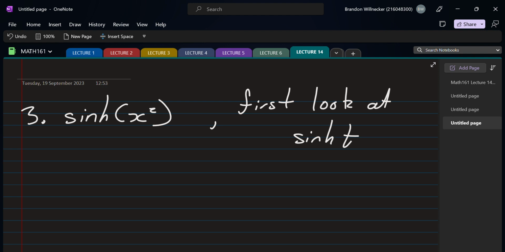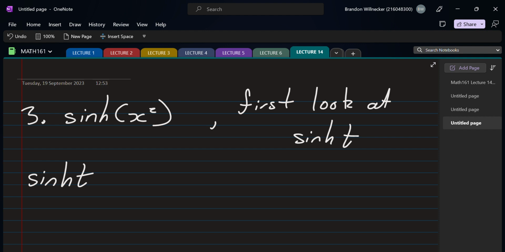We find the Taylor series for sine hyperbolic t, and then right at the end we can substitute t equals x squared. So you don't have to do everything at once, you can do it in parts.